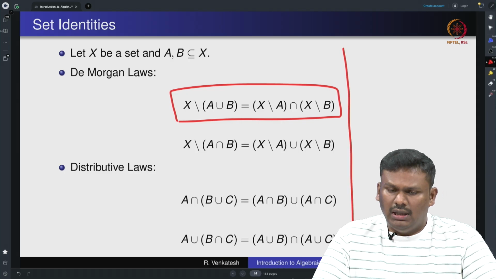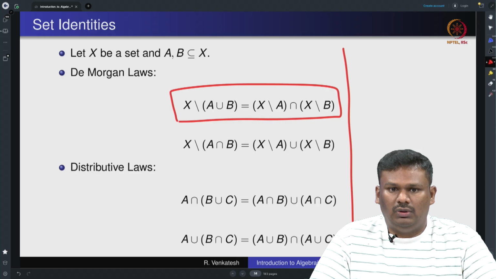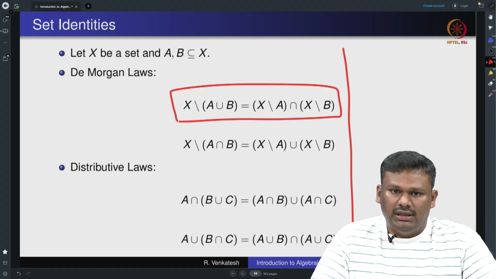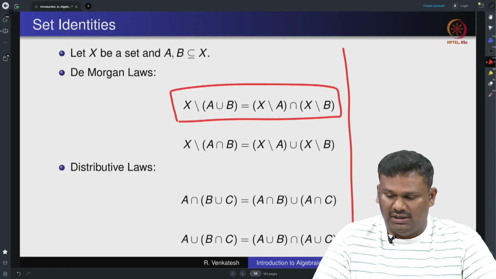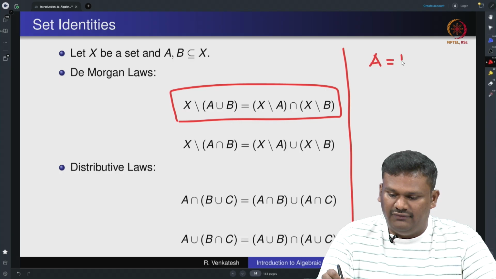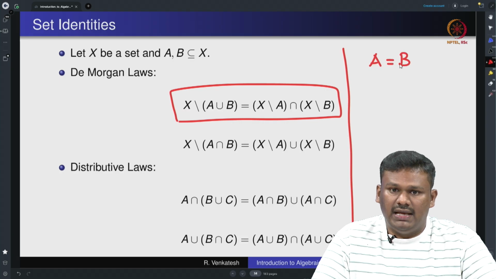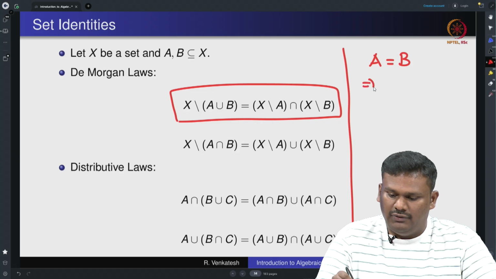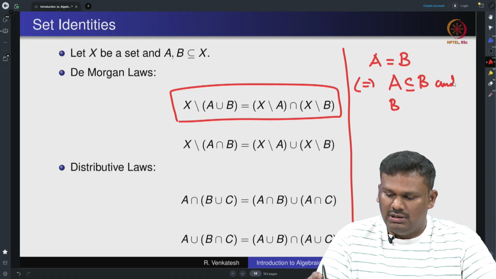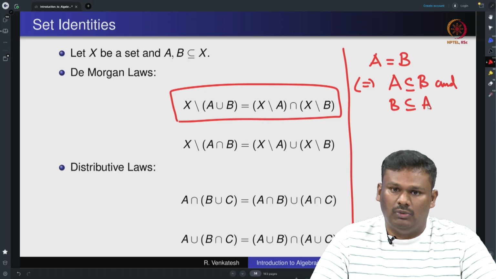In basic set theory, if you want to prove that two sets are equal, the best way is to prove that A is a subset of B and B is a subset of A. Recall the very first axiom, which says that A equals B if and only if all elements of A belong to B and vice versa, which can be stated as follows: A equals B if and only if A is a subset of B and B is a subset of A. That means all elements of A belong to B and all elements of B belong to A.